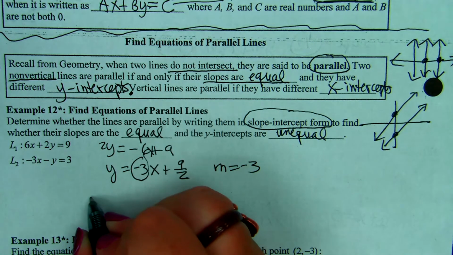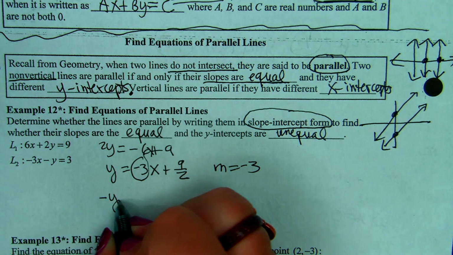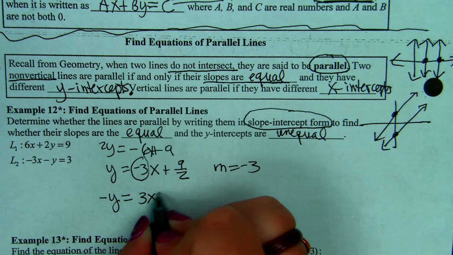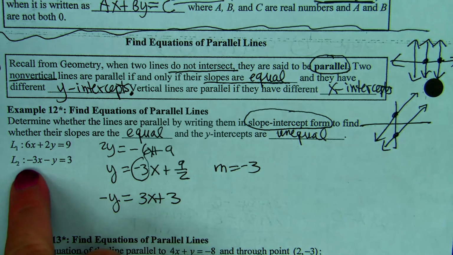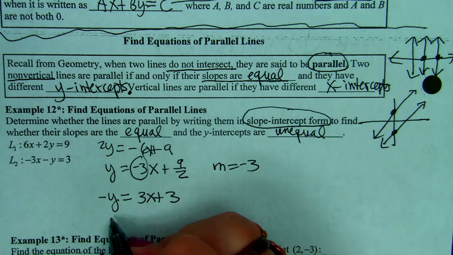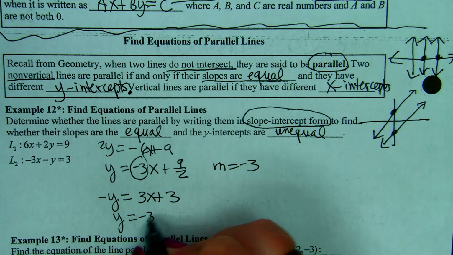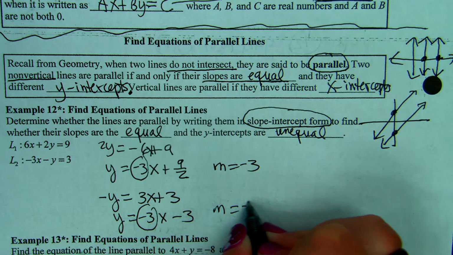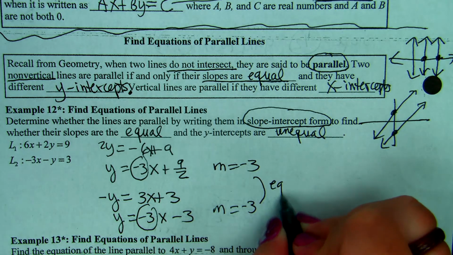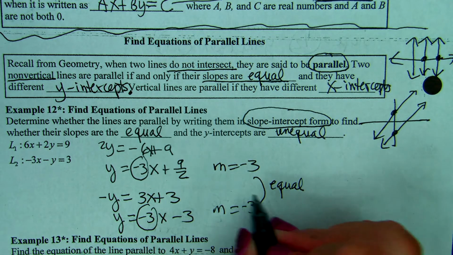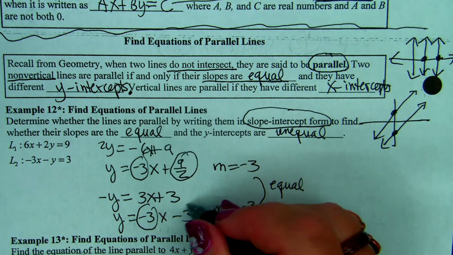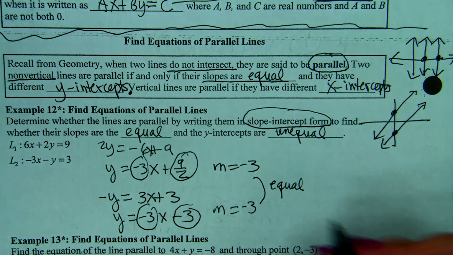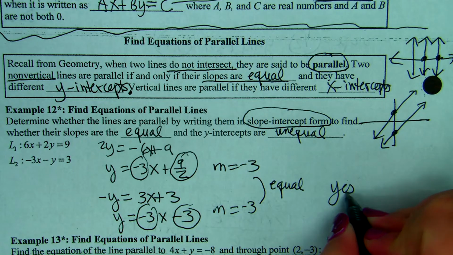The other one is negative y equals 3x plus 3. I added 3x, multiplied by negative 1, negative 3x minus 3. So the slopes are equal, and the y-intercepts are unequal. So yes, they're parallel.